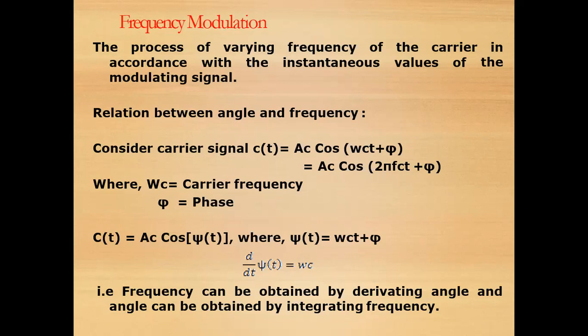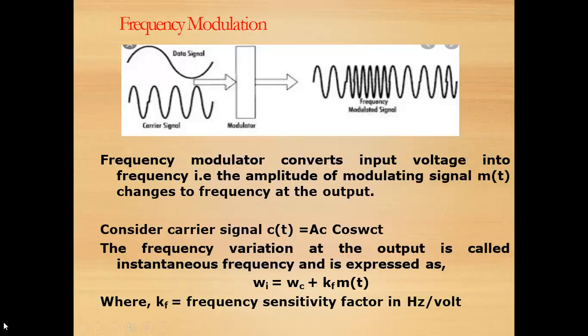That is the relation between frequency modulation and phase modulation. That's what we are representing here. Frequency can be obtained by differentiating the angle, and angle can be obtained by integrating the frequency. So simply, by using integrators and differentiators, we can obtain one from the other.